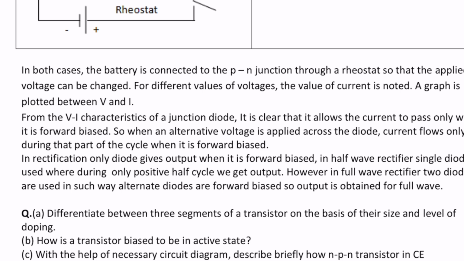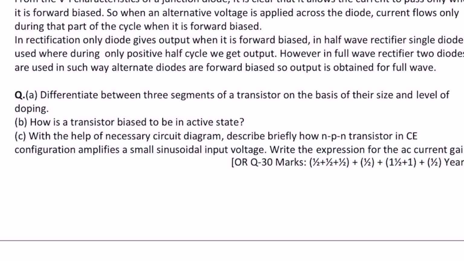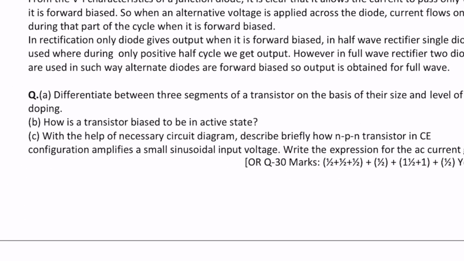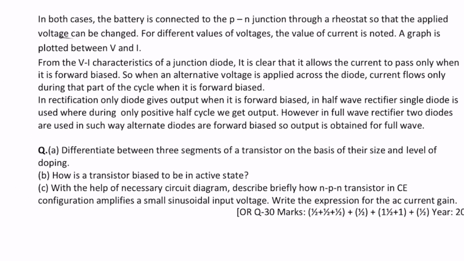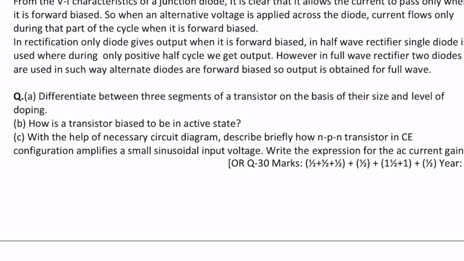We use this process in the Zener diode case. So let's read this text here. I have explained the graph and the circuit connection. Take the screenshot. Okay. Next question.